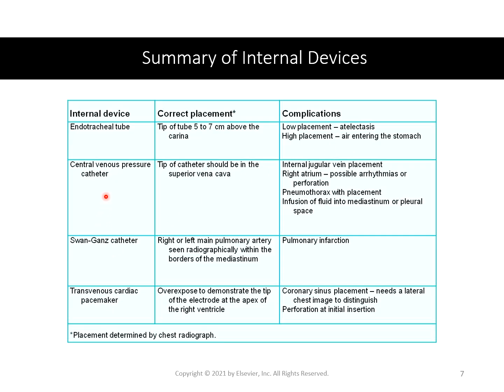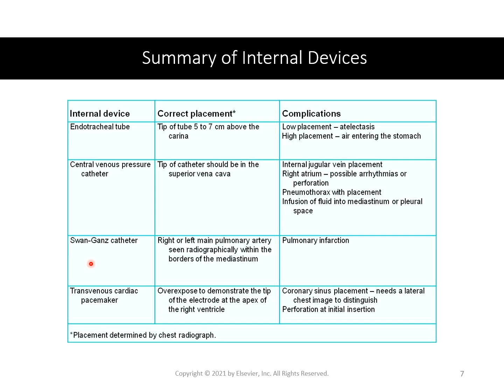Central venous catheter placements, the tip of the catheter should be in or just superior to the superior vena cava. The complications often seen are internal jugular placement, or if it's advanced the wrong way, right atrial placements if it's advanced too far, and a pneumothorax if they somehow advance the catheter into a lung.